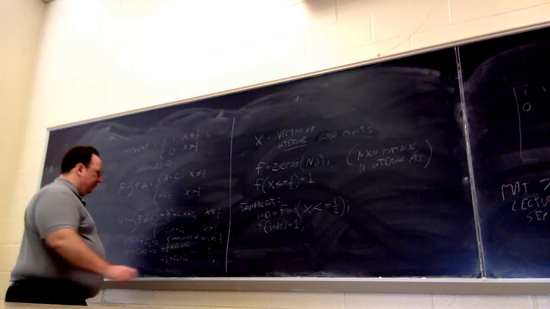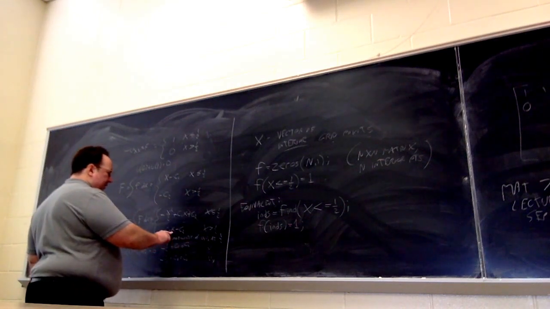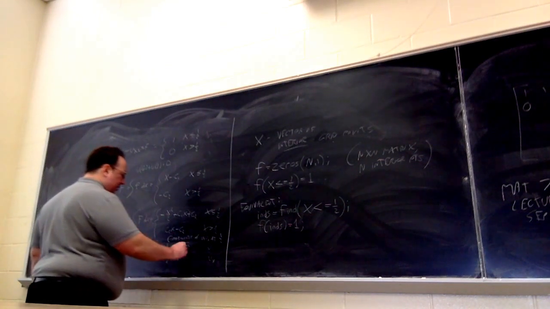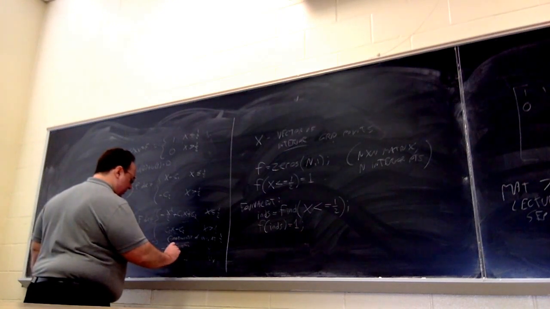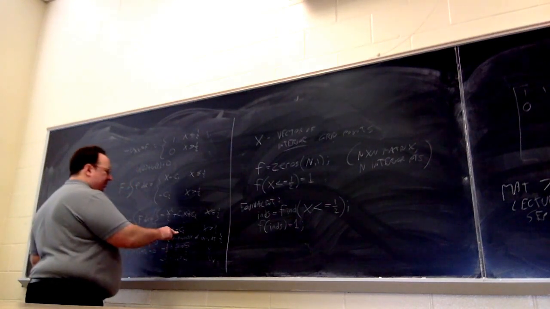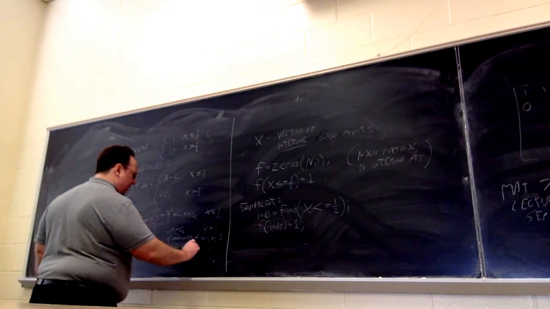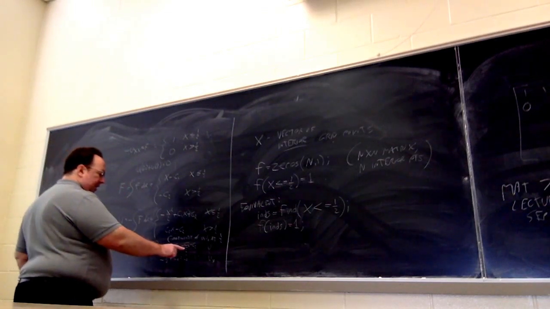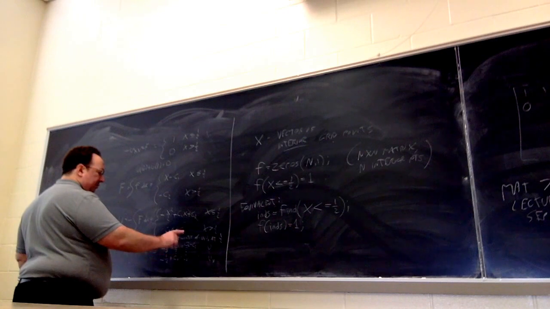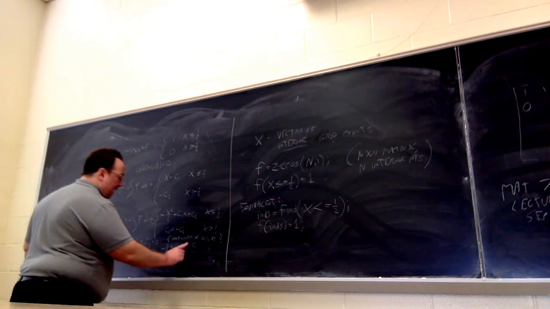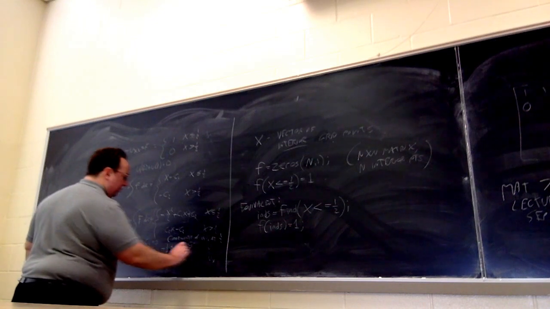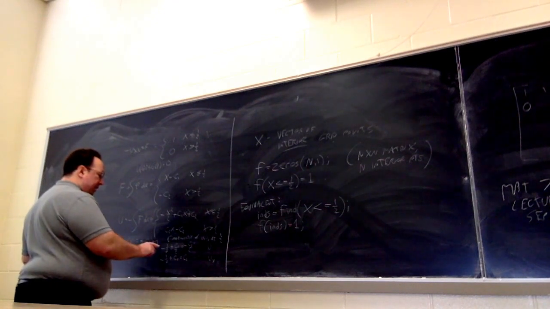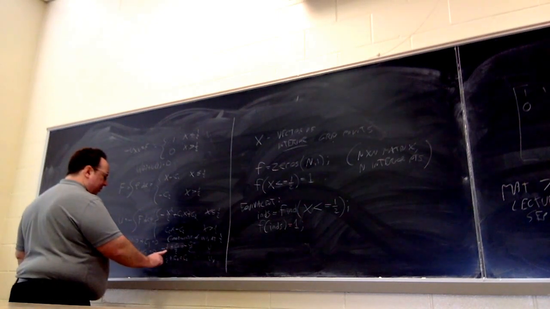Oh, wait a minute. For u, I messed up. It's C2 over 2. I'll put these back. I forgot this term. So C2 over 2 minus C2 gives me minus C2 over 2. And now I can multiply both sides of this equation by 2.